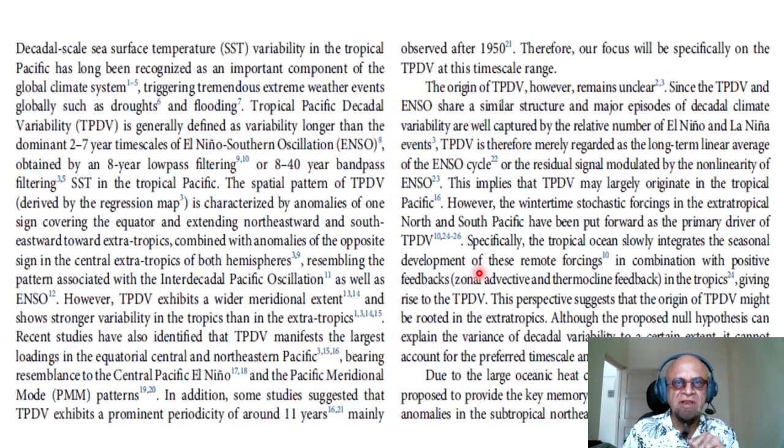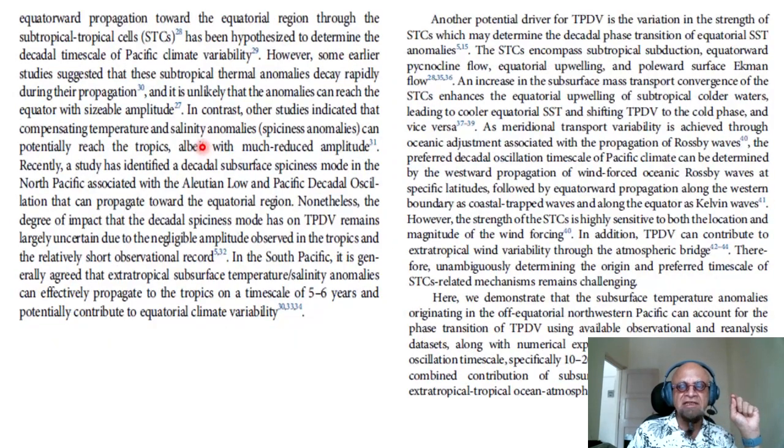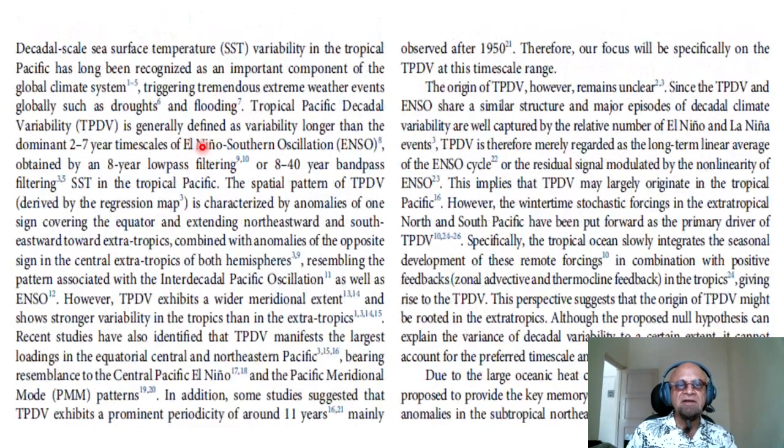Kind of an argument that is then found in the observations. Hypothesis is developed, and then model experiments are done to test the hypothesis, and they argue that it does work, right?